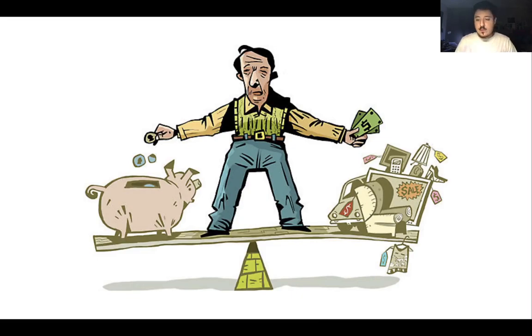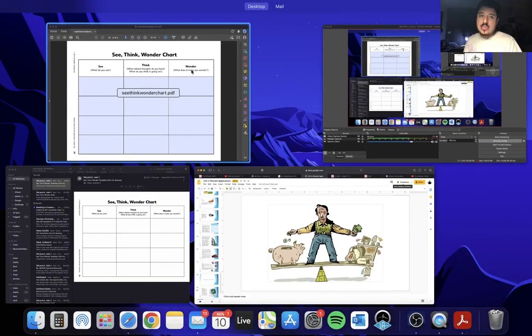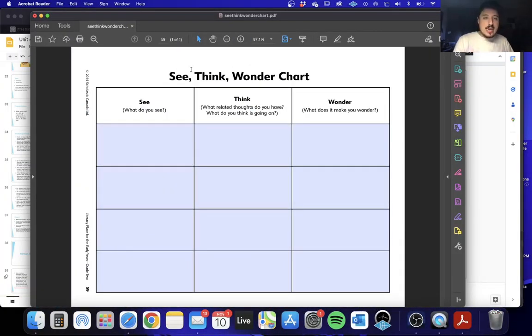All right. If you've already paused it, I'm gonna ask you guys to go ahead and take a look at your See, Think, Wonder chart. And the first category that you see right there on the very left is what do you see? So what I'm going to be telling you to write on here is I want you to come up with 4 things, at least 4. You can write a lot more if you want.